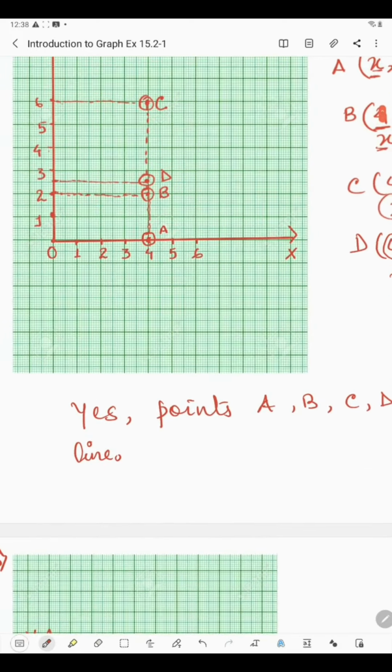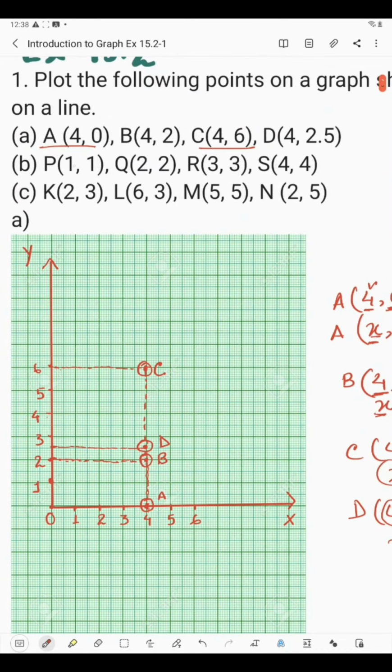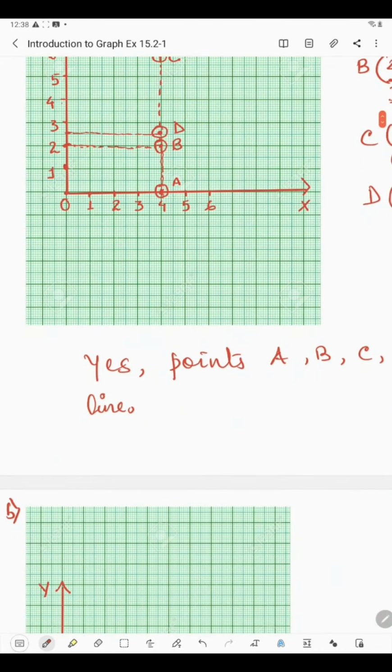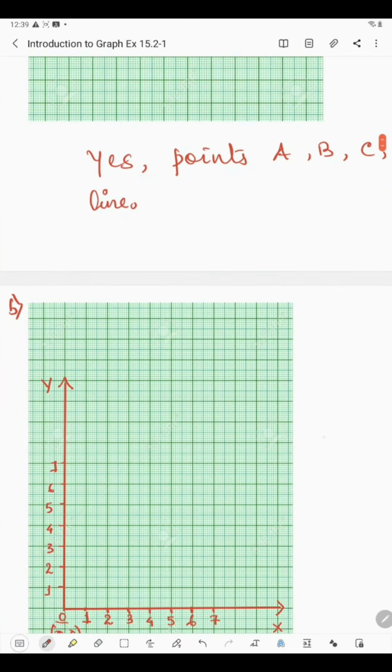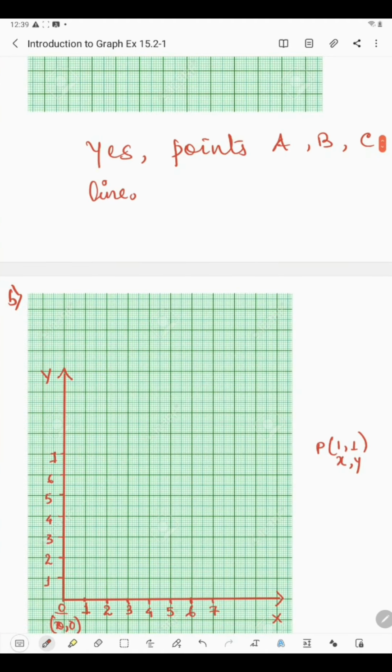Now the first point, let us check, it's 1, 1. Okay, P is 1, 1. That means here the value of x and the value of y is 1. Now where is 1 here? When you are putting the value of x, you will have to look at the x-axis. Now on the x-axis here is point 1.